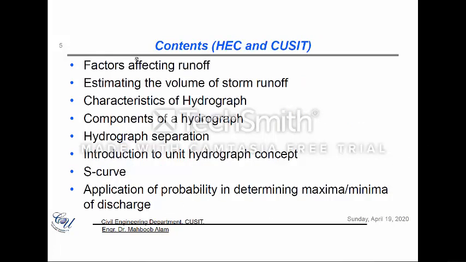So as I said, these are the things that we are going to look into: factors affecting the runoff, estimating the volume of storm runoff, characteristics of hydrograph and components of hydrograph. We did a little bit of this in the previous week, but we'll look into them again in a little more detail.